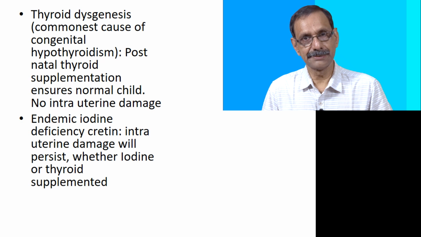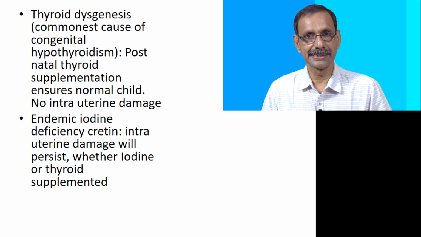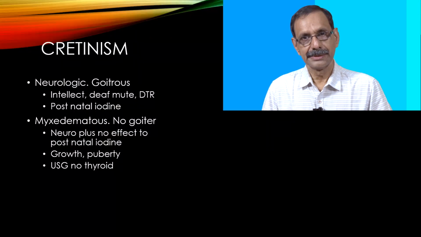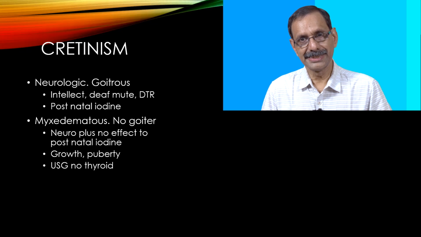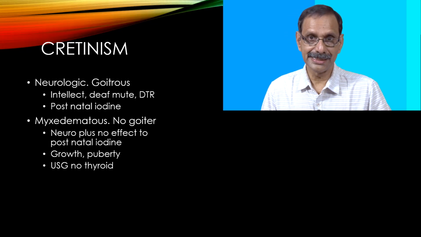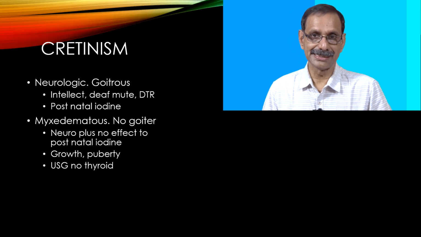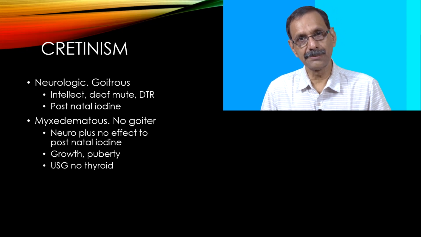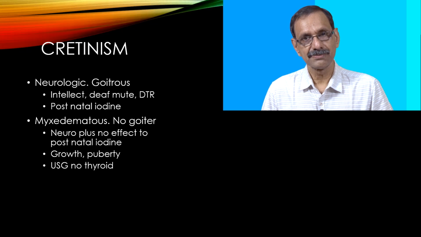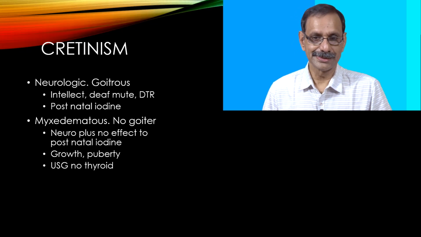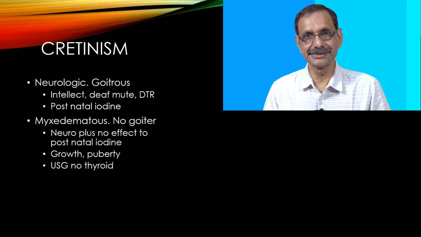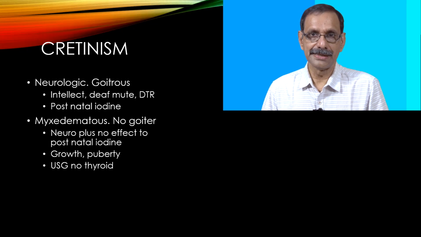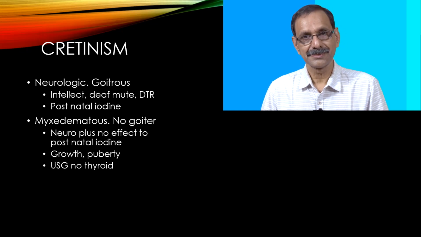Nowadays actually we supplement thyroxine, not iodine, because iodine they should get from diet, which is supplemented like iodized salt, etc. In congenital hypothyroidism, that is other than endemic cretinism, other than iodine deficiency, they will grow normally when you supplement thyroxine postnatally. So that is the basic difference between cretinism and congenital hypothyroidism that we see.